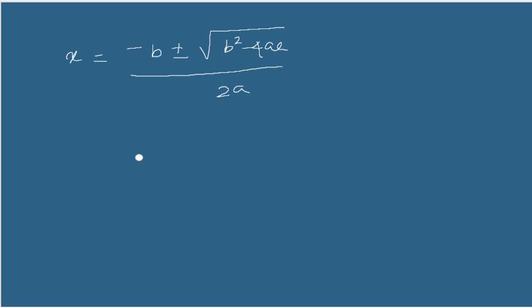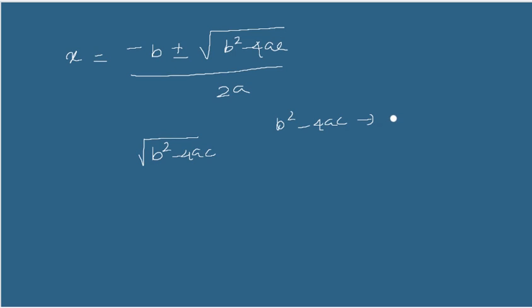Before moving to that, let us recall the formula once again: minus b plus or minus root of b square minus 4ac divided by 2a. In this formula, b square minus 4ac is known as the discriminant of the roots.